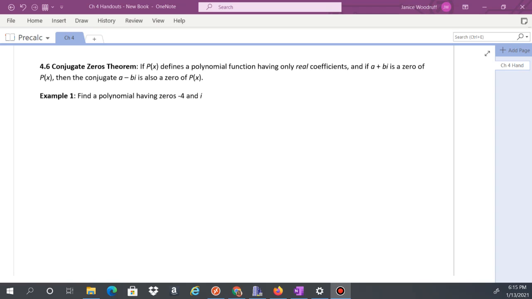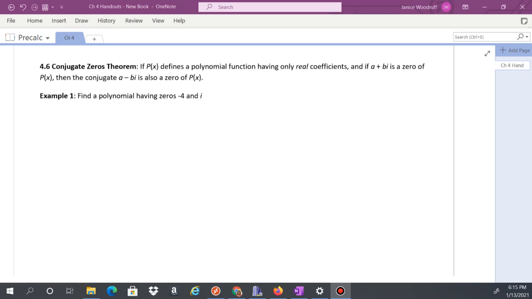4.6, conjugate zero. Like I indicated before, remember when you're solving the quadratic, you've got that plus or minus, or anytime you're taking a square root. So when I have an i in one of my zeros, they're going to come in pairs because of the plus or minus. That's your conjugate zero theorem, meaning if they give you only one of the values, then you have the opposite value.